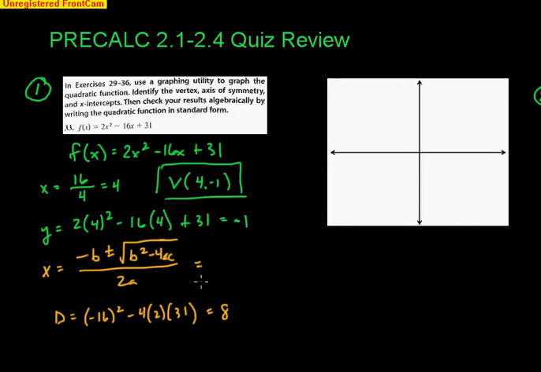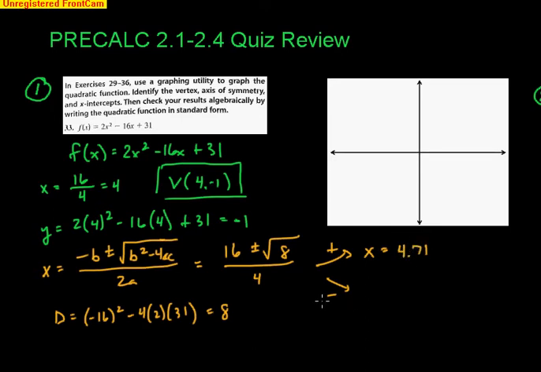So in the quadratic formula, the opposite of b is positive 16 plus or minus the square root of 8 all over 2a. 2 times 2 is 4. And now I split this. One with the positive sign, one with the negative sign. So in my calculator, 16 plus the square root of 8 divided by 4, I get 4.71.